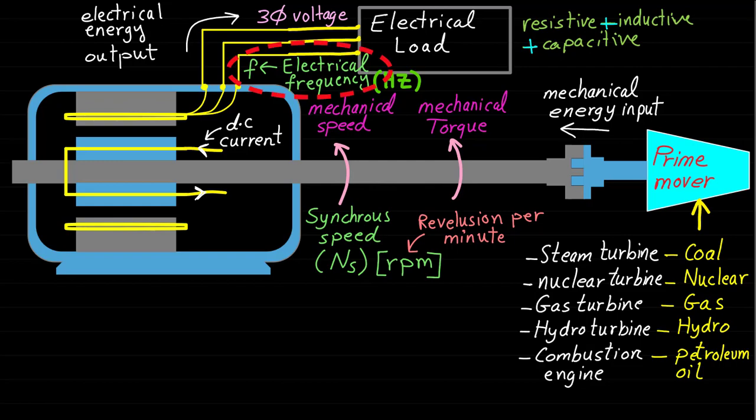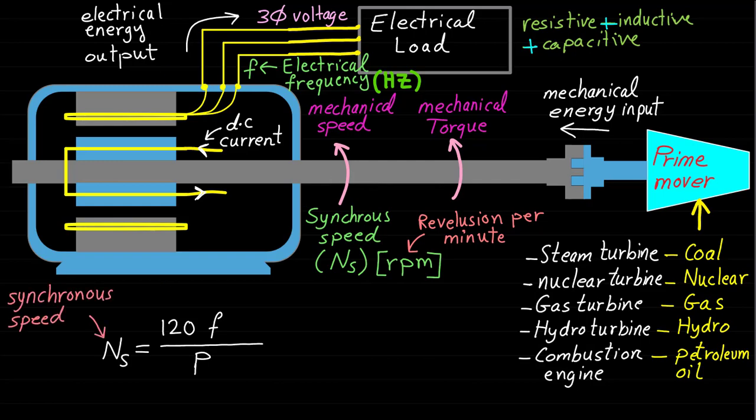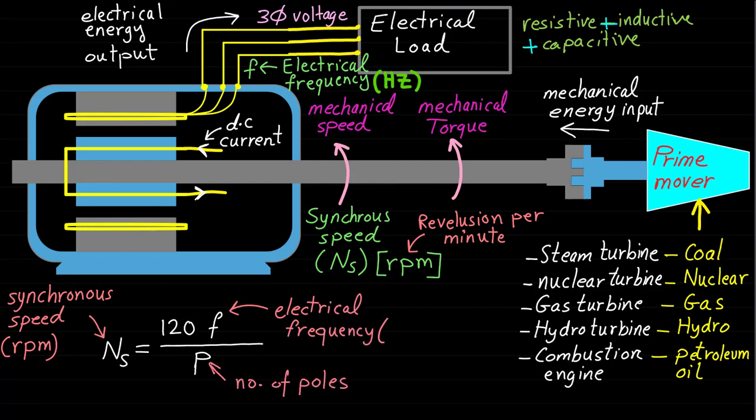This output electrical frequency of the synchronous machine is related to the rotor synchronous speed Ns by the following relationship: Ns equals 120 f over P. As we can see, the synchronous speed Ns is related to the electrical frequency f and the number of poles P of the machine.